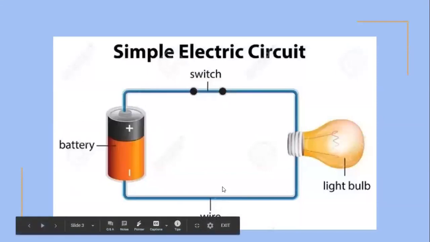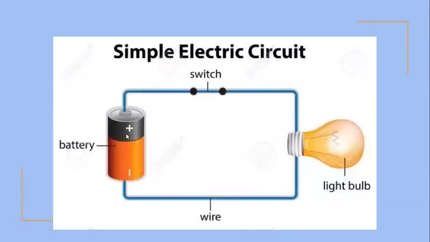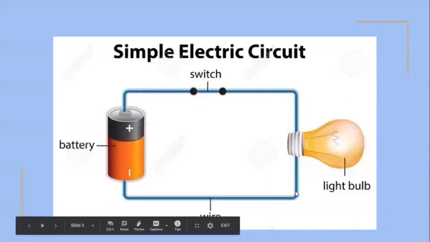This is a simple electric circuit, right? In a simple electric circuit, you have a battery which provides the energy that allows the electric current to pass through a wire and then goes to the electric component, where this electrical energy is converted into other forms of energy. In this case, it is converted into light energy, and then comes back to the negative terminal of the battery.